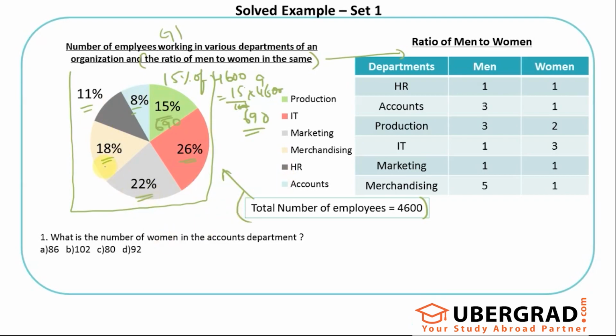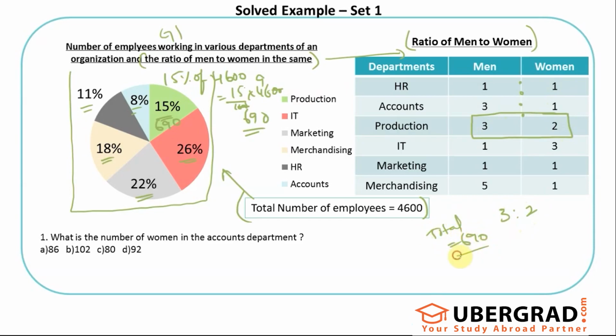Once I know them, what is the second table talking about? This is talking about the ratio of men to women in each department. In HR, the ratio of men to women is 1:1. In accounts, the ratio is 3:1. If I ask you how many women are working in production, I know the ratio is 3:2. I know the total is 690.